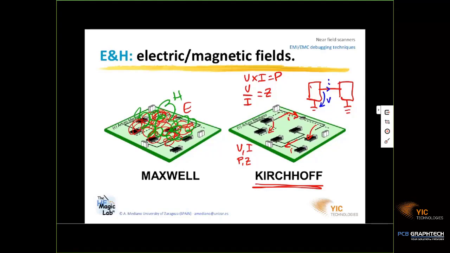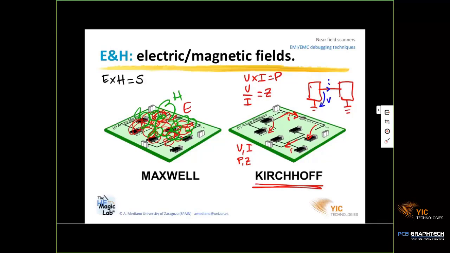We have two different kinds of circuits in our designs. Perhaps we have circuits with high impedance, or perhaps we have circuits with low impedance. So in electromagnetic theory, we can do a similar calculation to the circuit theory. We can multiply electric and magnetic fields, so we obtain the Poynting vector.